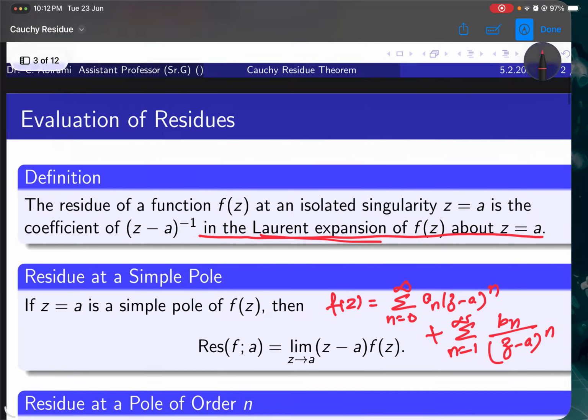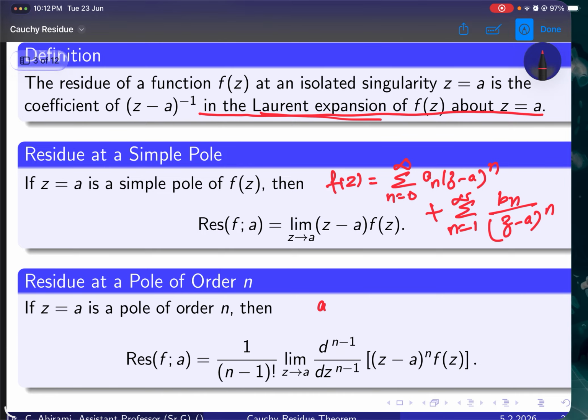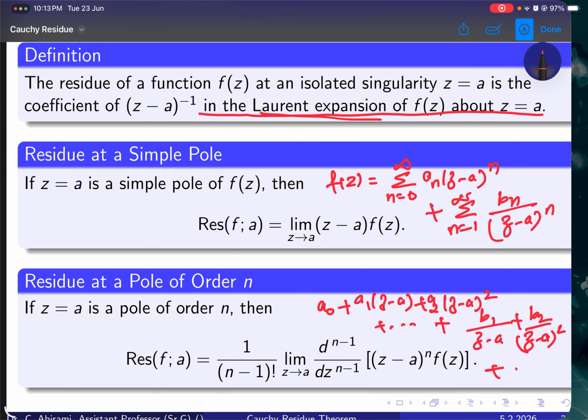In this Laurent expansion, if I expand this, what do you get? a naught plus a1 into z minus a the whole to the power 1, a2 into z minus a the whole squared and so on, plus, putting n is equal to 1, b1 divided by z minus a, b2 divided by z minus a the whole squared and so on.